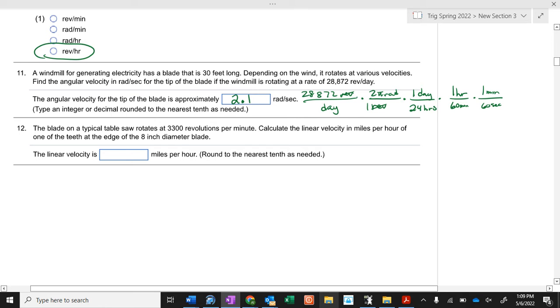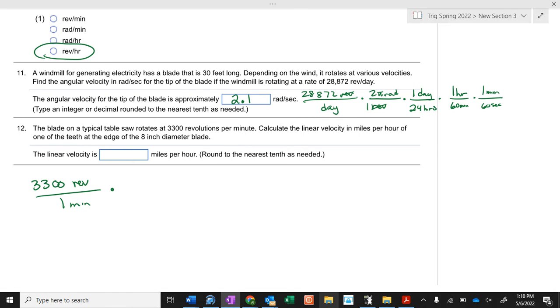The blade on a table saw rotates at 3,300 revolutions per minute. So 3,300 revolutions per 1 minute. Calculate the linear velocity in miles per hour. So, how do I change revolutions to radians? 2 pi radians over 1 revolution.